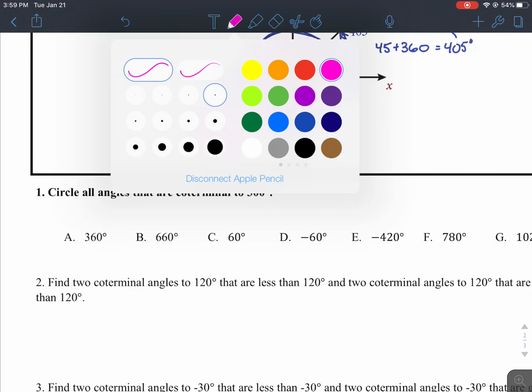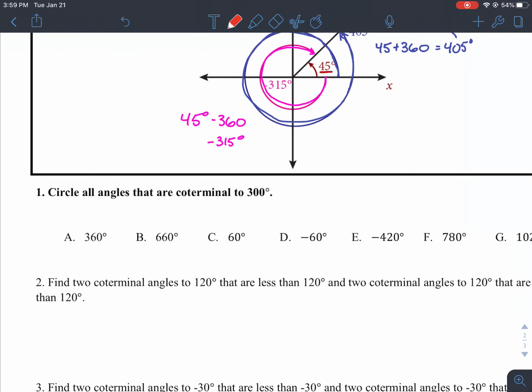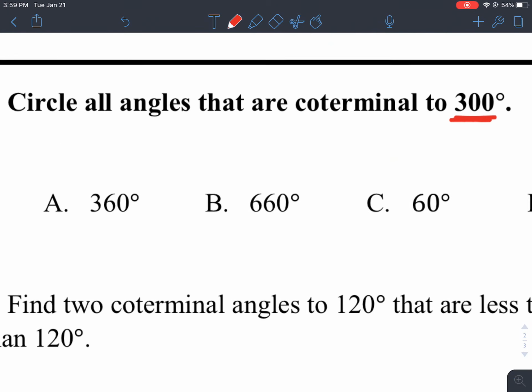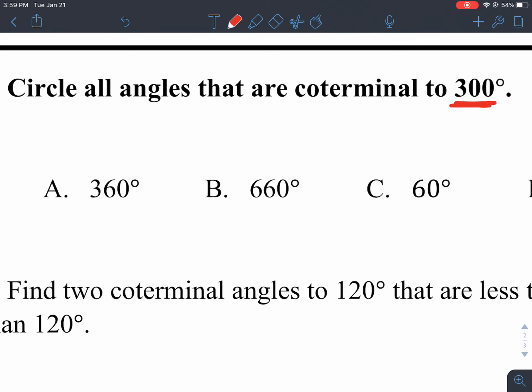So in our first example here, it asks that we circle all angles that are coterminal to 300. In other words, which angles land in the same position as 300 does. So the way we're going to do that is we are going to add 360 or subtract 360 accordingly and see if we land exactly on the numbers provided. So we are starting at 300.